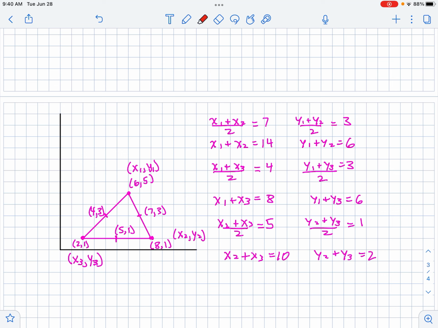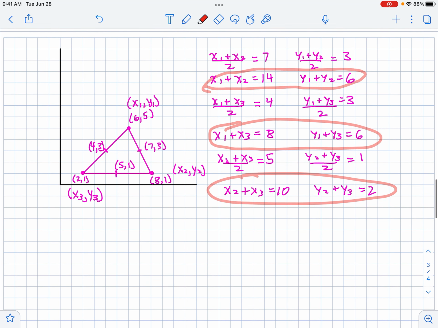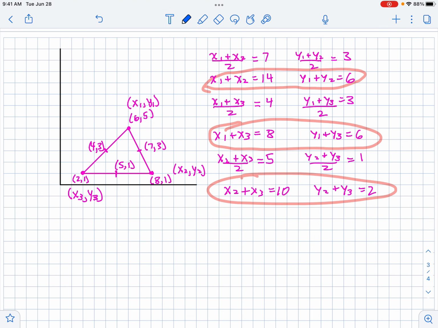So we've got these things. Now you might be thinking, well, we've got a mess. How is this going to help us? Well, let's concentrate on the x's first. Here's what we've got. We've got x1 plus x2 equals 14. We've got x1 plus x3 equals 8. And then we've got x2 plus x3 equals 10.